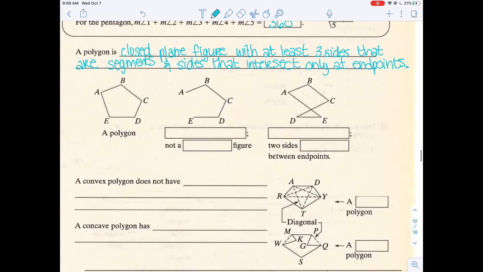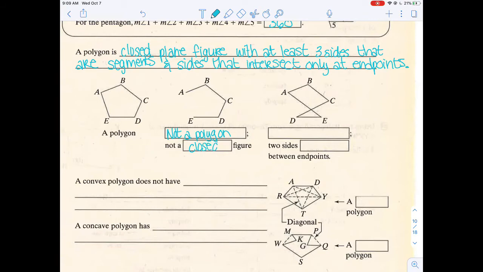All right, so then if we're looking at these examples, this first one is a polygon because it's got straight segment sides, it's not open, and it doesn't intersect anywhere. The second one is not a polygon because it's not a closed figure.